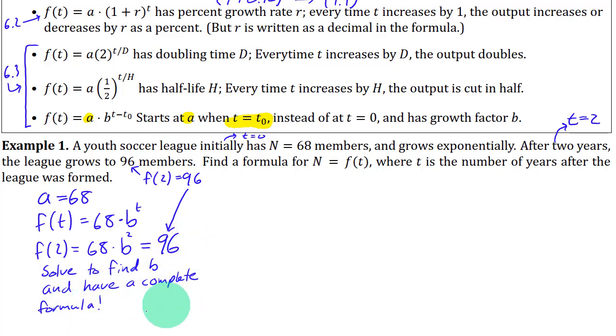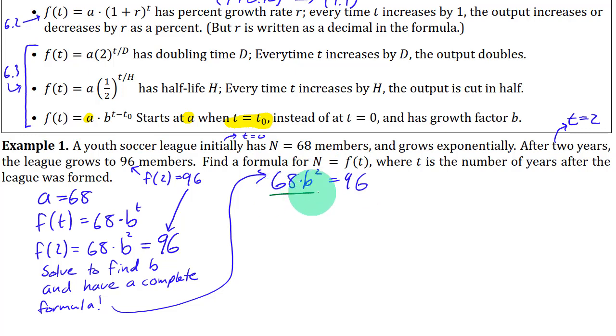Okay, so let's solve this equation. If you have 68 times b squared equals 96, you want to get b by itself. If you have multiplication by 68 here, you can divide both sides by 68 to cancel that out.